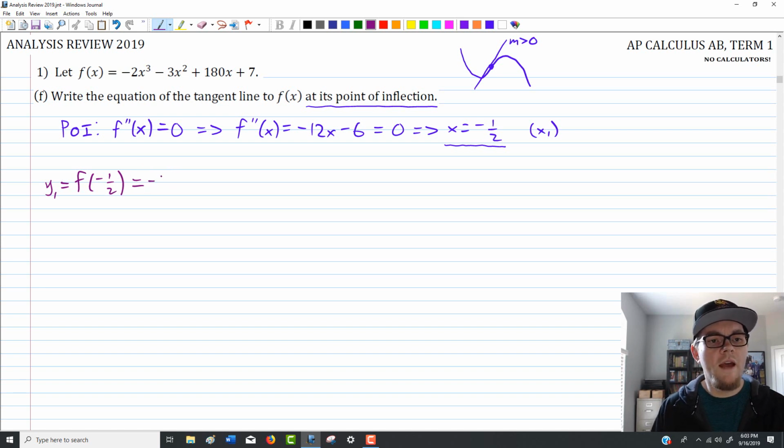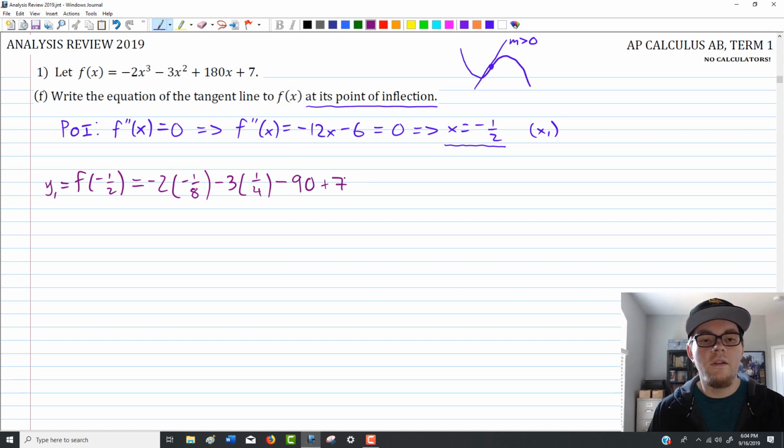So we need to plug in negative 1/2 up there. Plugging in as we go, negative 1/2 to the third is negative 1/8, minus 3 times 1/4. This will be minus 90, because half of 180 is 90, and then a minus sign. And then plus 7, because, of course, plus 7. That was dumb of me.